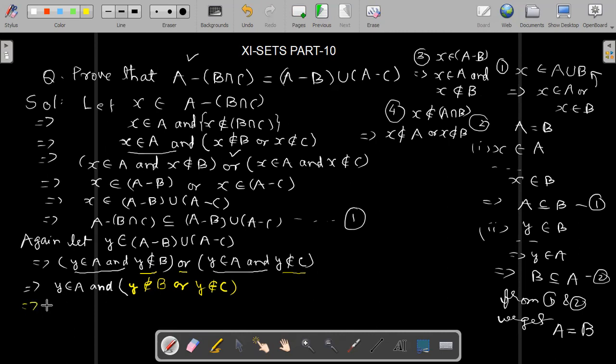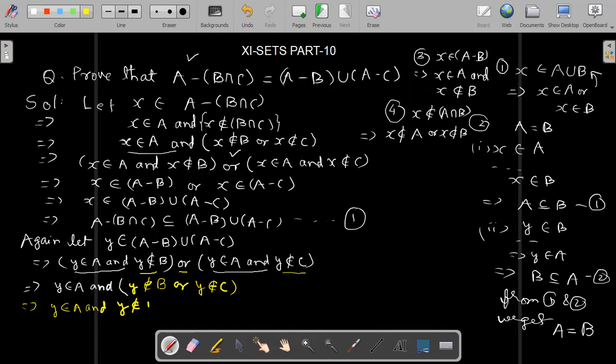Now we can also write Y belongs to A and, when Y does not belong to B or Y does not belong to C, OR will convert into AND and all will convert into intersection.